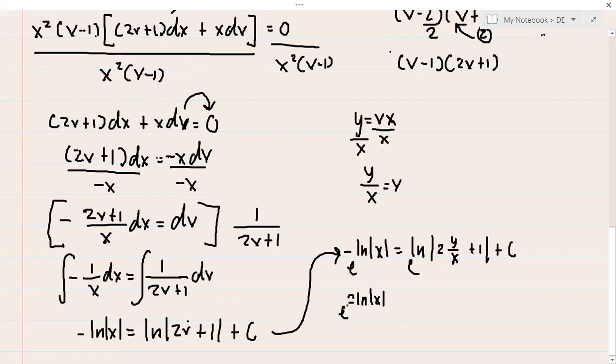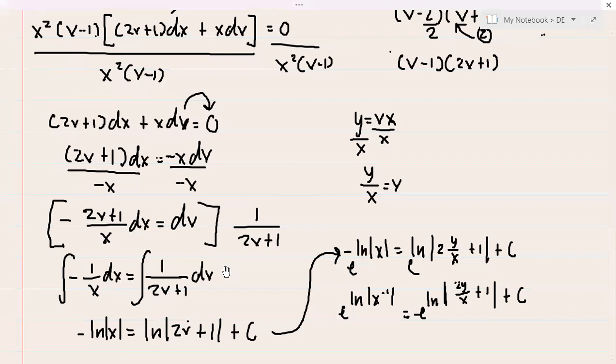Since meron akong coefficient dito na negative 1, ilagay ko siya dito as an exponent for x. So magiging positive ln of x raised to negative 1. Then dito, I will have e raised to ln of 2y all over x plus 1 plus c.